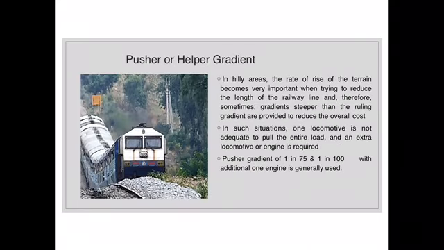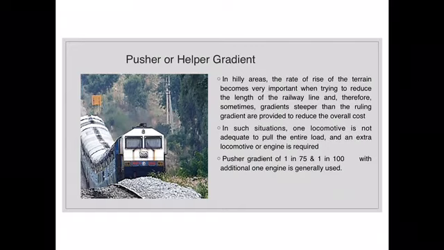The next gradient we have is the pusher or helper gradient. This will be provided in the hilly region, where the rate of rise of terrain becomes very important when trying to reduce the length of the track, and sometimes we may have to take the gradient steeper than the ruling gradient.